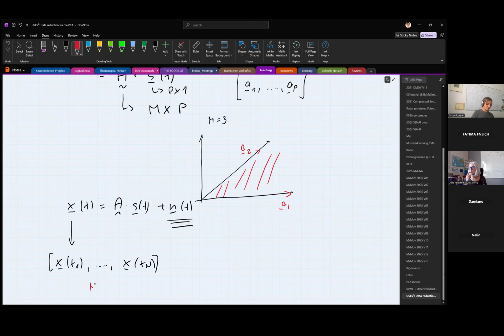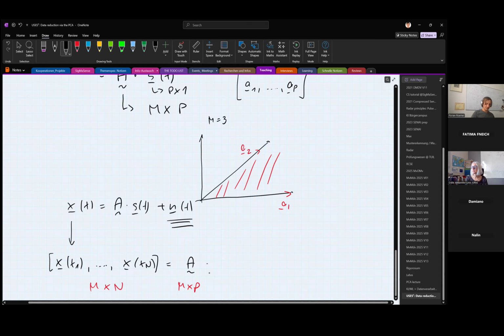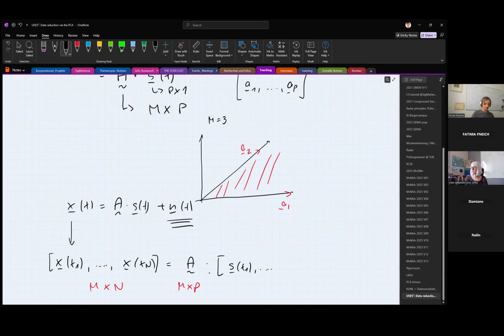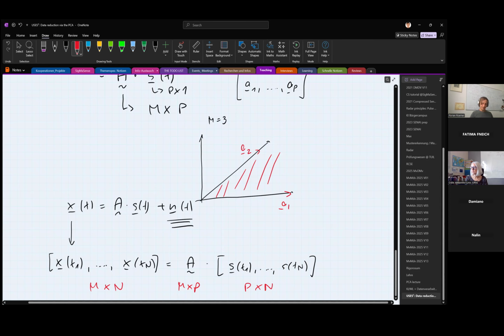It's an m by n dimensional matrix. And I'm going to write this is equal to A, which is m by p, multiplied with, and for s, we can do the same, s of t1 up to s of tn. And again, that is p by n.